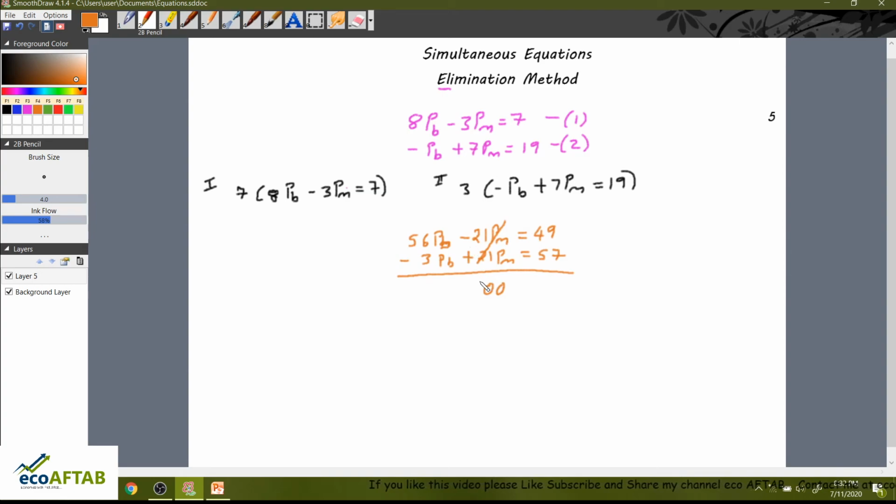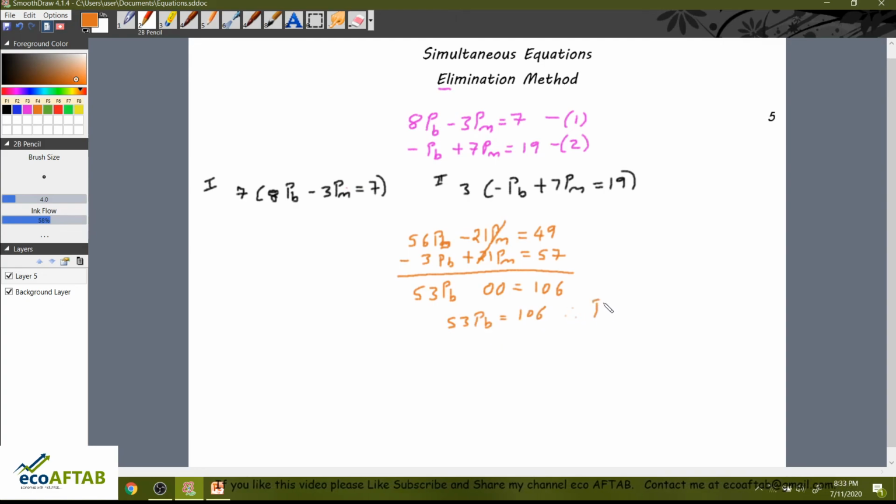Plus 21 minus 21 is equal to 0. 56PB minus 3PB will give us 53PB, and here 49 plus 57 will give us 106. So you can see here 53PB is equal to 106.